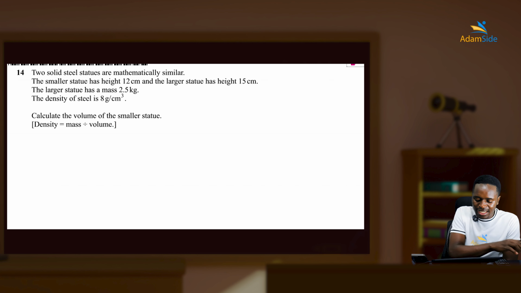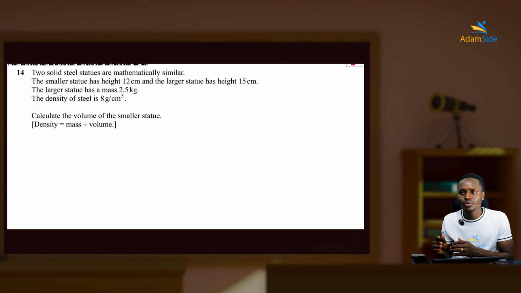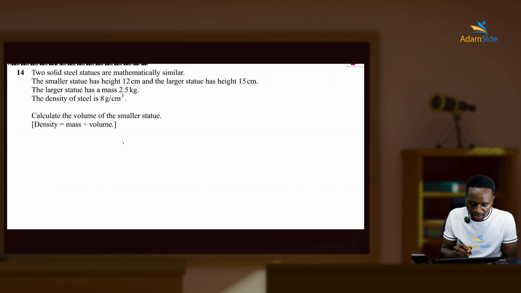So when you're talking about similarity of shapes or solids, we compare length to length, side to side, volume to volume.